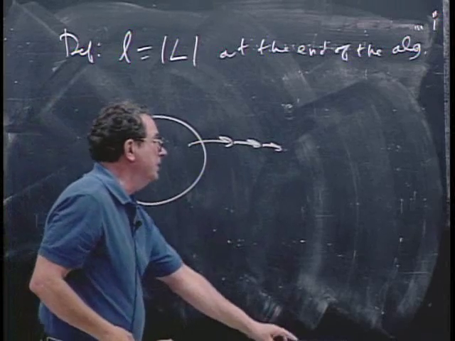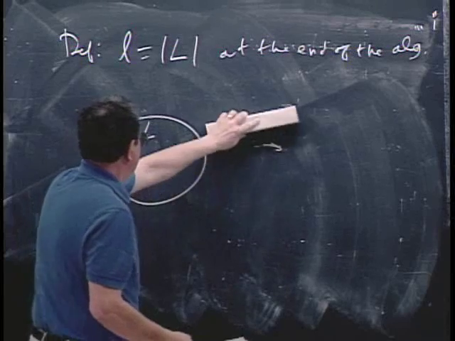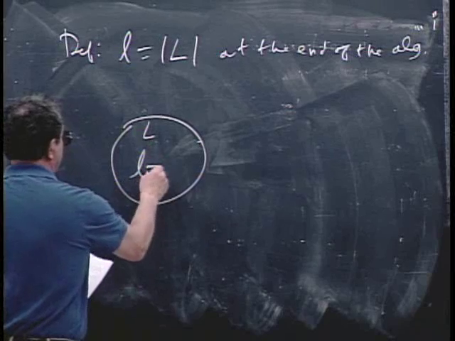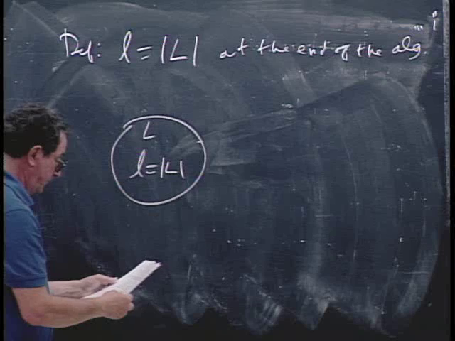So when the algorithm can no longer find one of those paths, then the algorithm terminates, and little l is the size of that set.